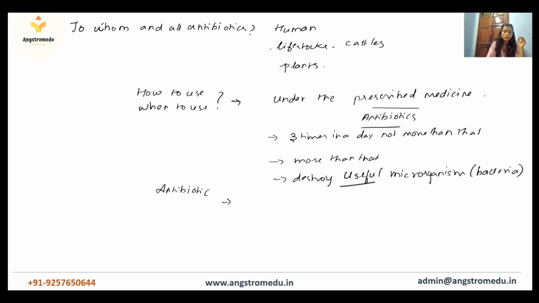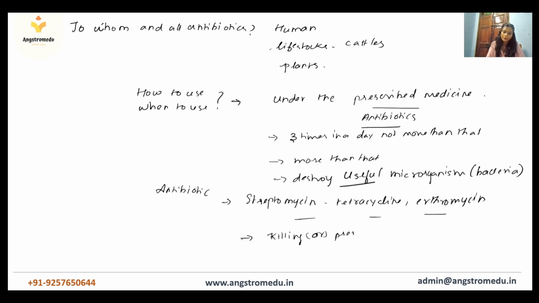The most commonly used is streptomycin, then tetracycline, then erythromycin. These are examples of antibiotics, whose property is killing or else preventing the disease causing agents.